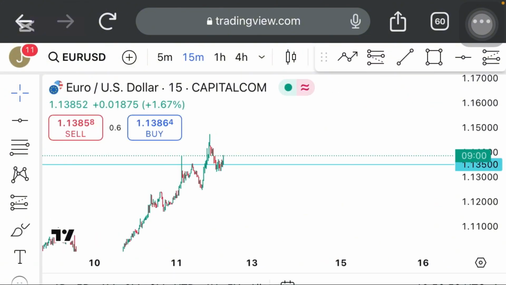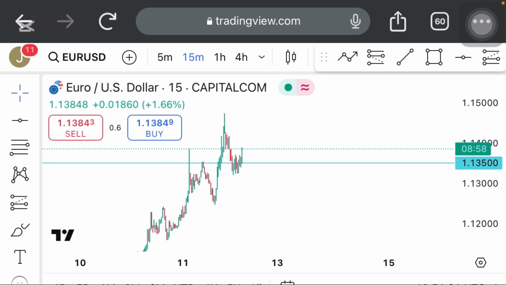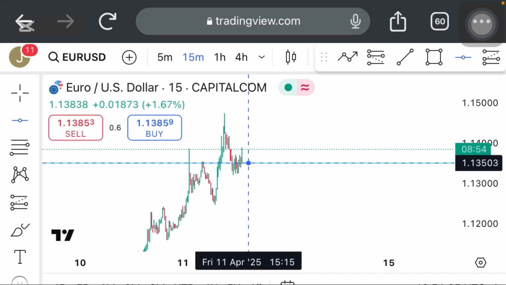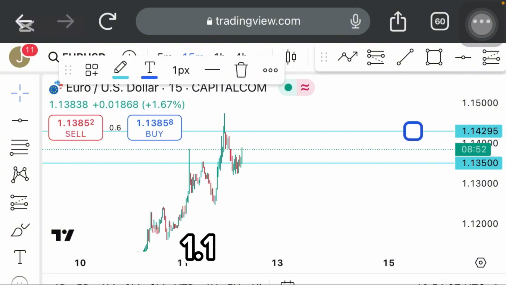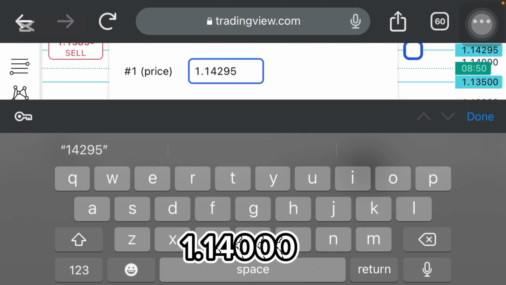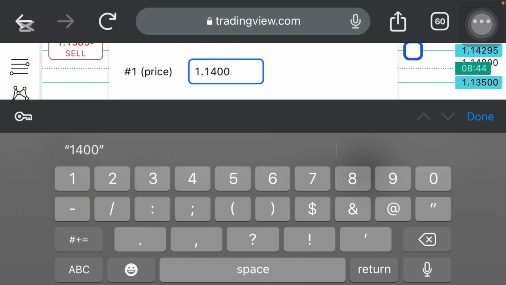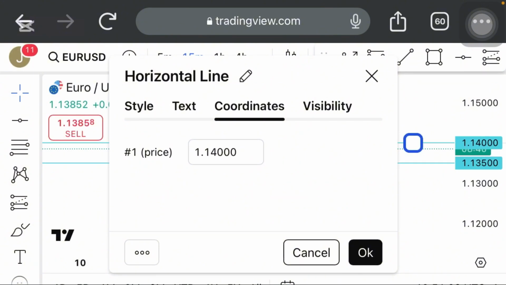So this is psychological level now. Then the next one here is 1.3400. Sorry, 1.400. Sorry guys. 1.400, because after 35 is 40.